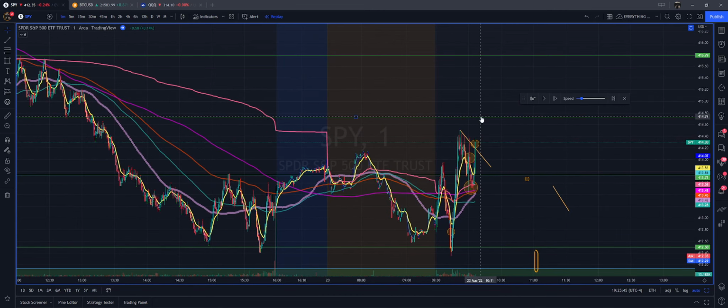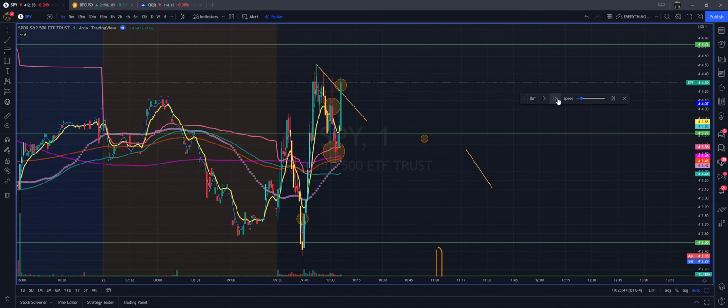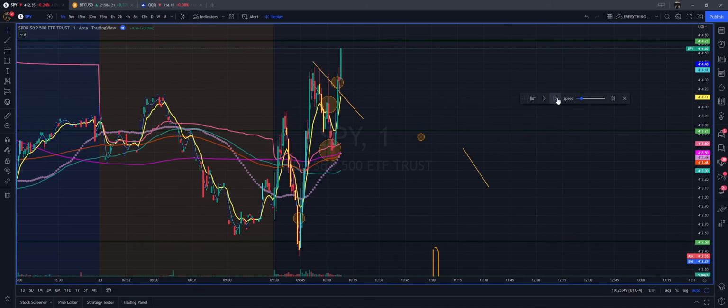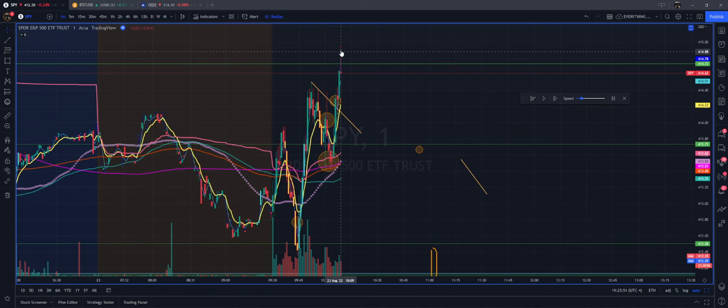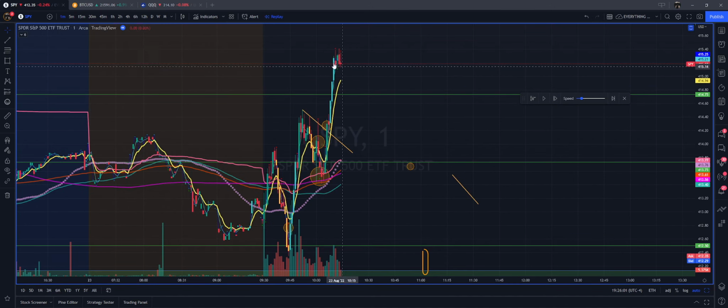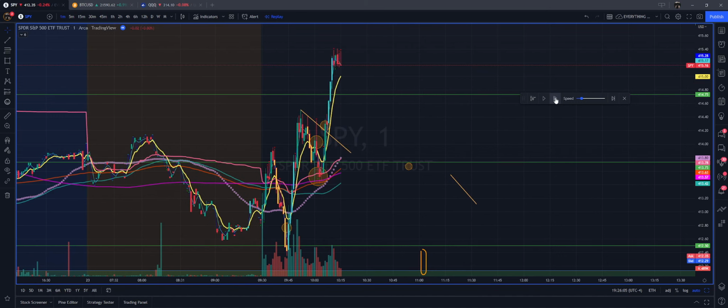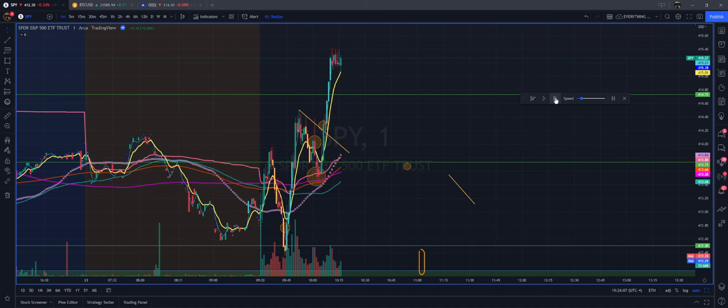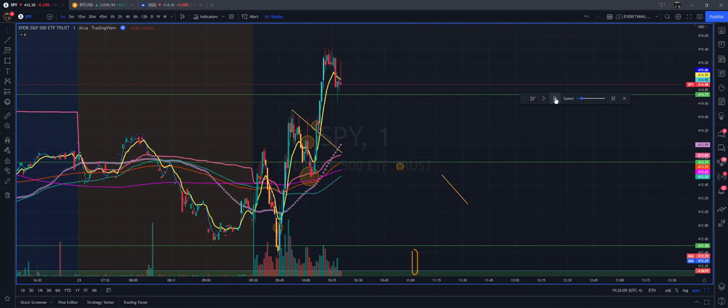So I went in, and then I trimmed as soon as I saw this candle right here, at this level. Then I saw something like a reversal, and I decided to close all of my position.